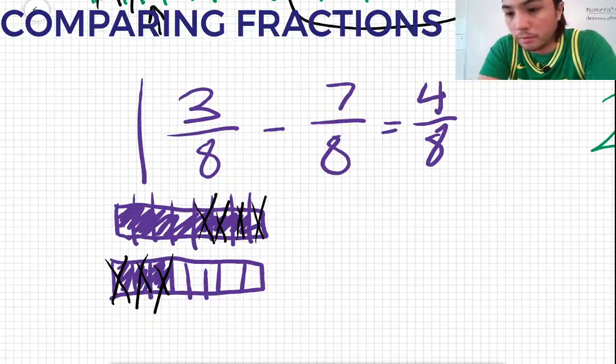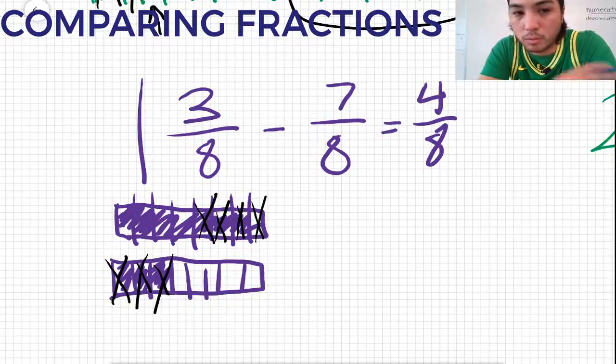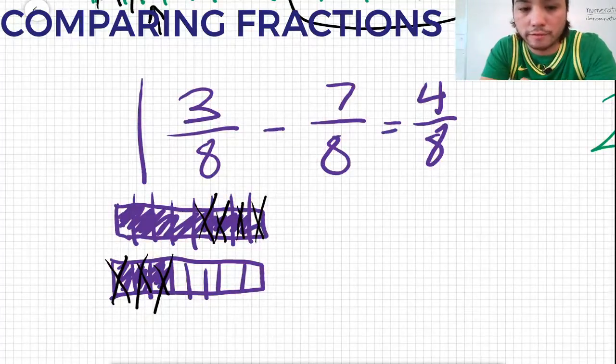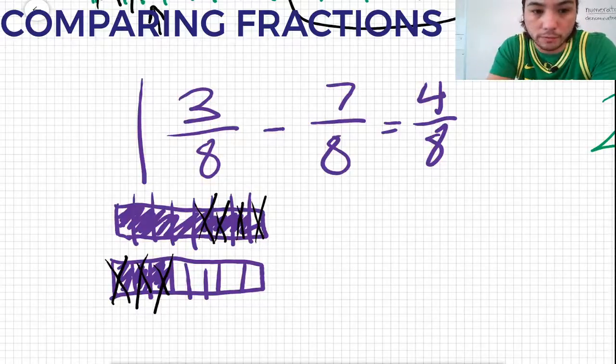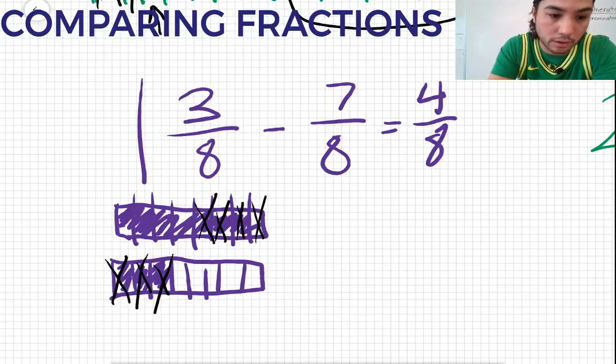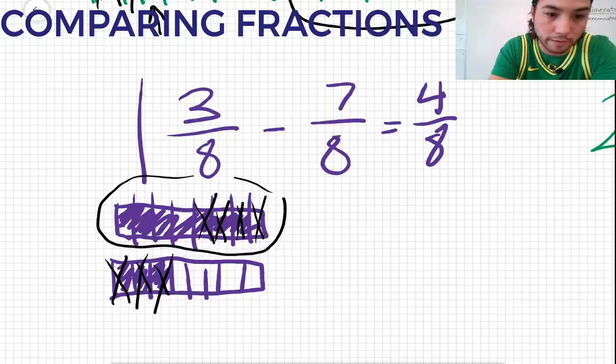4/8. And for you smart cookies out there, can you simplify this fraction? What fraction is equivalent to 4/8? And if you look here, here's kind of your clue, right? We've got 4/8 on this side, and then 4/8 on this side.